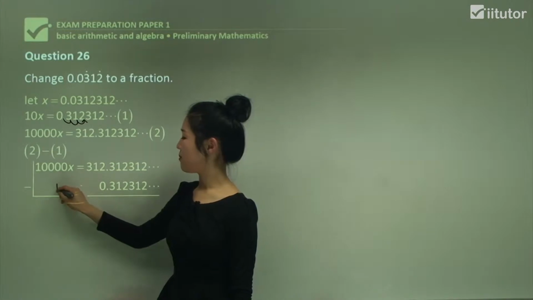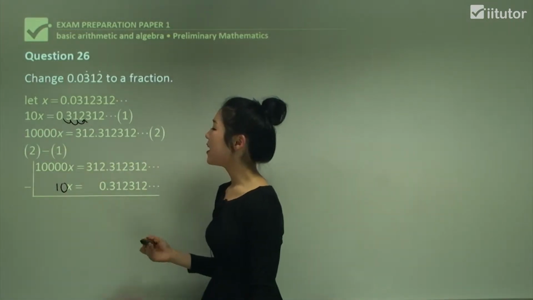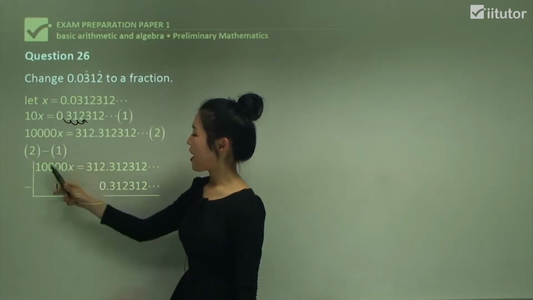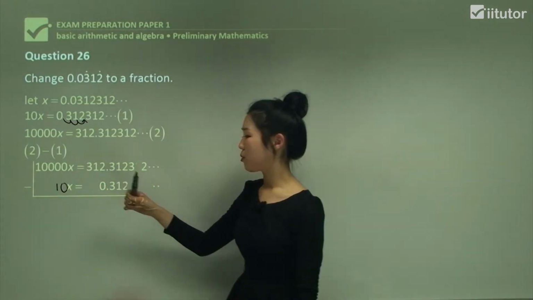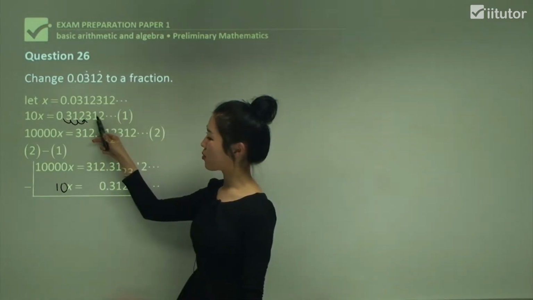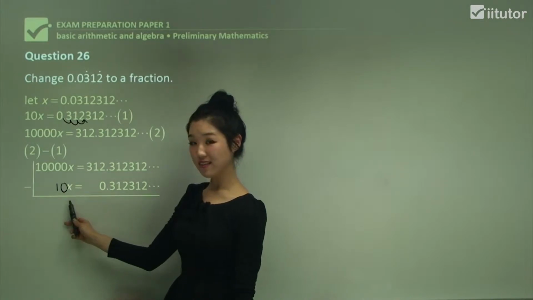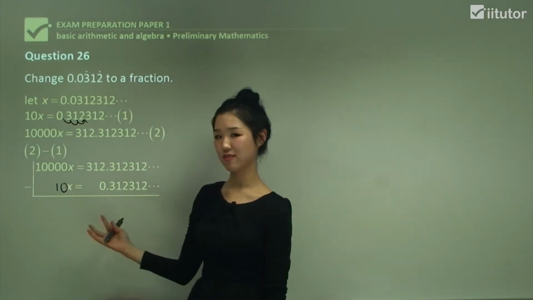So I've done 10,000x. Whoops, this one's meant to be 10x, like over here. It's a little mistake there. So I have 10,000x equals 312.312, etc. And then the first equation that I'm subtracting is going to be 10x. So make sure that's not x, that's 10x. Just remember that.